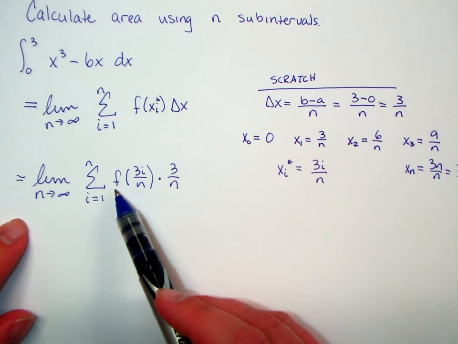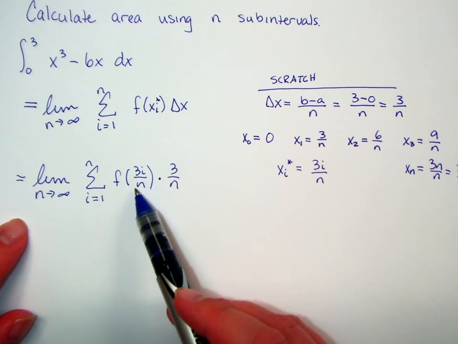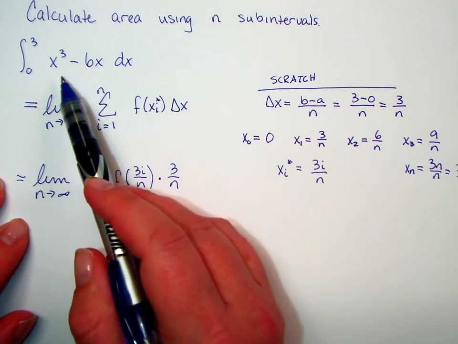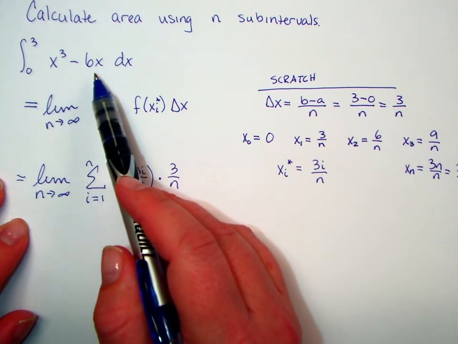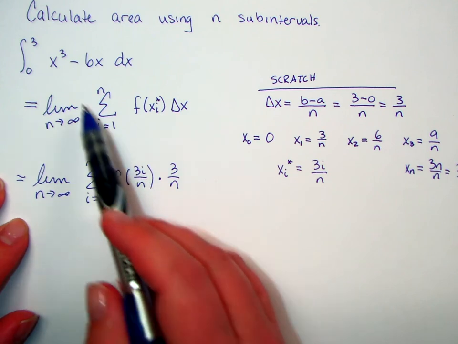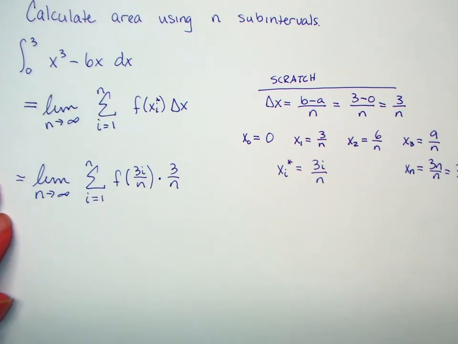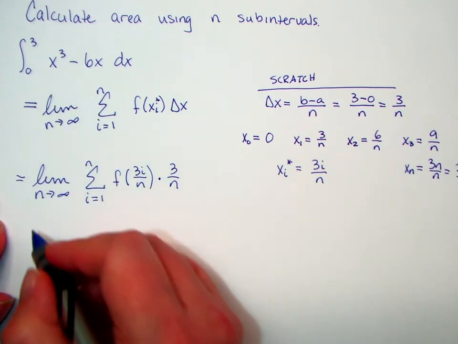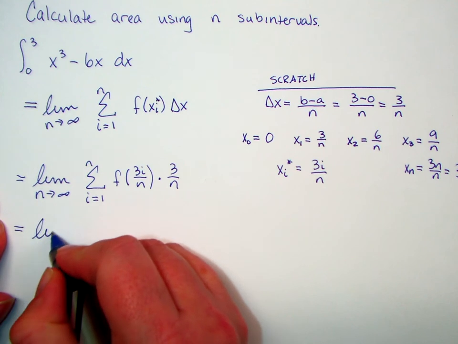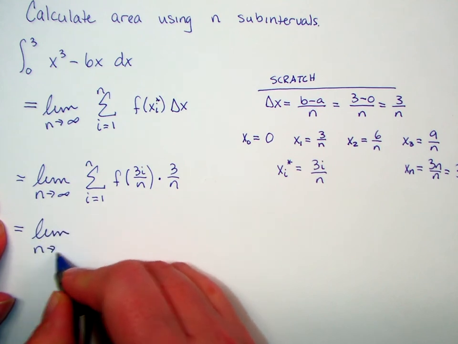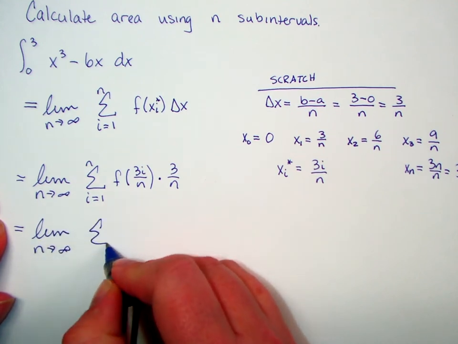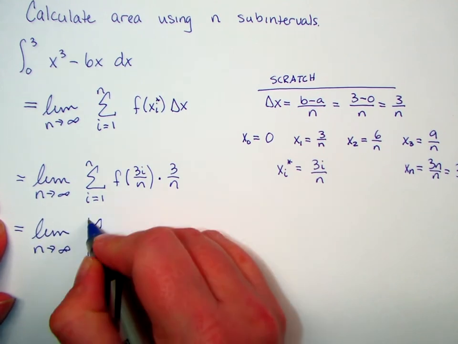So in order to plug in 3i over n into our function, here's the function, x cubed minus 6x. So I'm going to plug 3i over n into each x here, right? So now I have the limit as n goes to infinity of the sum from 1 to n.